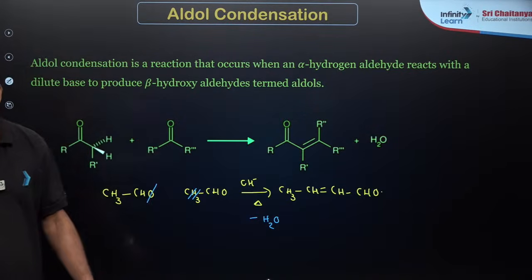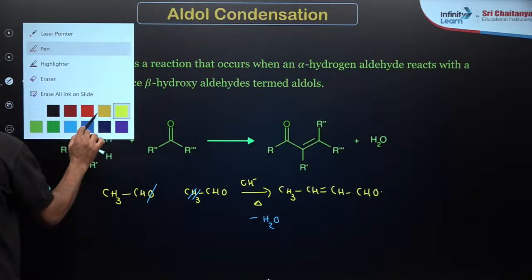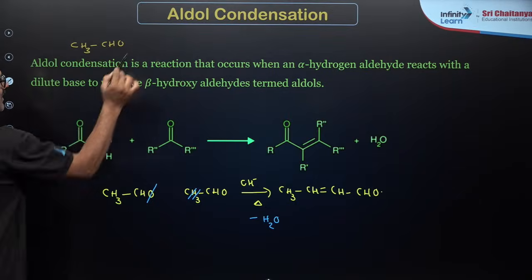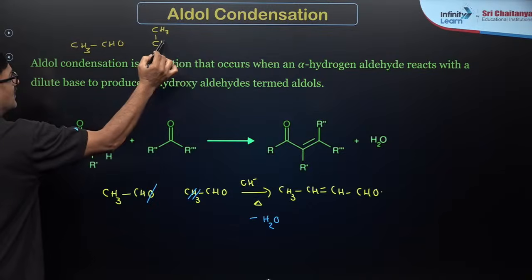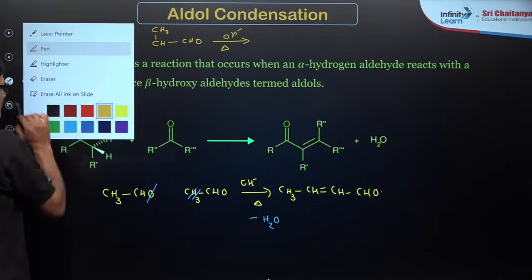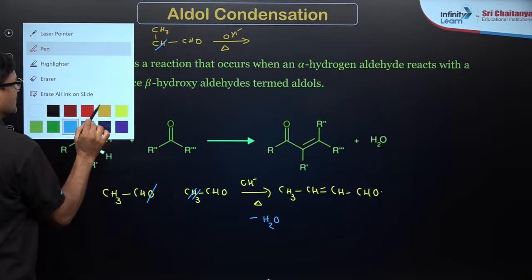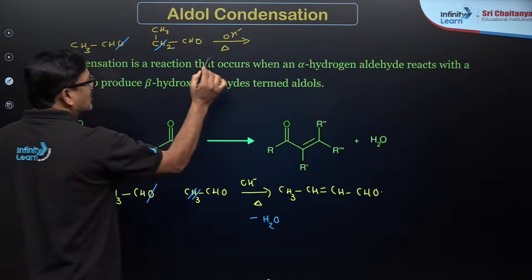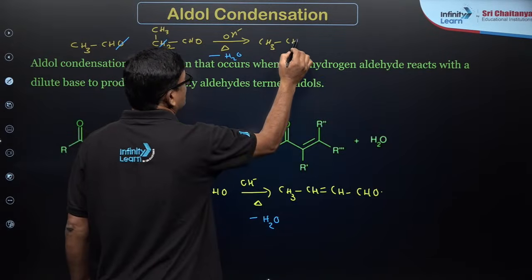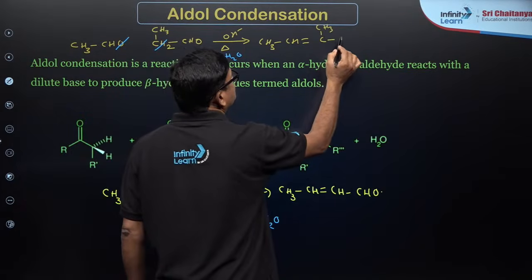So this is a self-aldol condensation. If it is a cross-aldol condensation, you take CH3CHO and another carbonyl compound, where only one has alpha hydrogen, with OH and heat. You remove the water molecule, and that will give you CH3, CH double bond C, CH3, and CHO.